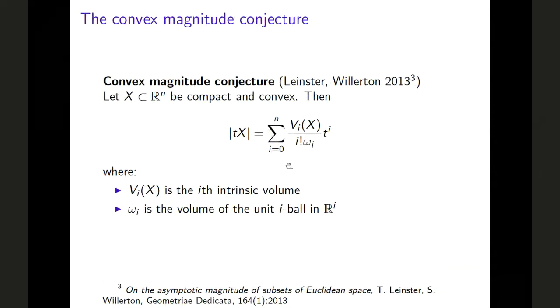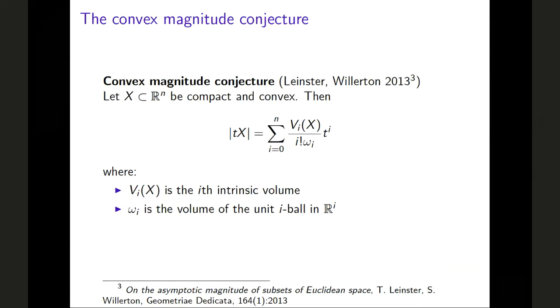For those of you who don't know about intrinsic volumes: the nth intrinsic volume is just the ordinary volume. The zeroth intrinsic volume is the Euler characteristic, and the (n-1)th intrinsic volume is something like one half of the surface area, and so on.